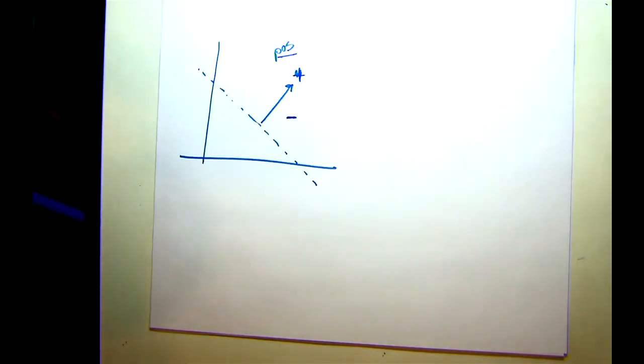Now, if they have the same sign, which means that we predicted it correctly, and the magnitude of the actual prediction, AX plus B, is fairly small, we actually want to still assign a small amount of error.